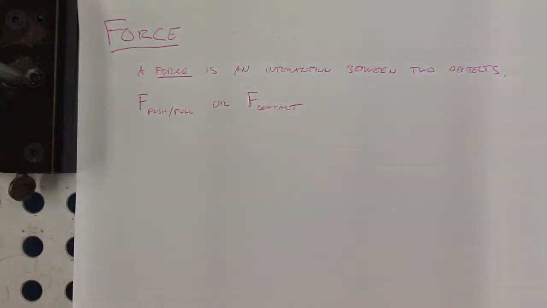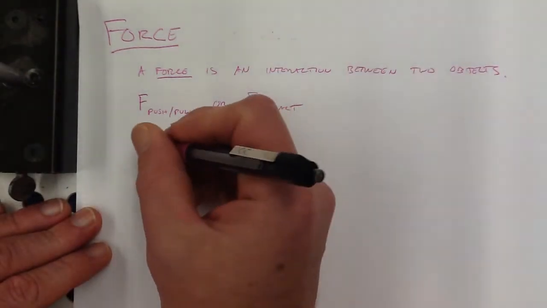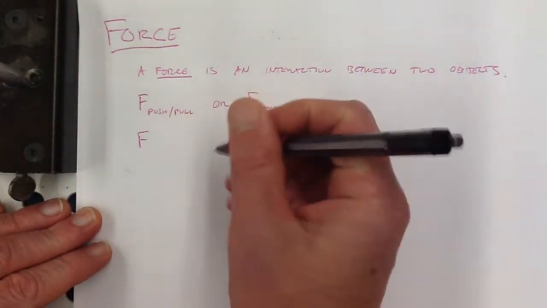Maybe that's the kind of force that we think about. That's sort of what our mind defaults to, that when we think of a force, we think of something pushing or pulling on something else. And I think in general, thinking of a force as a push or a pull is not a bad way to think about it. But it kind of misses some things, perhaps, like field forces.